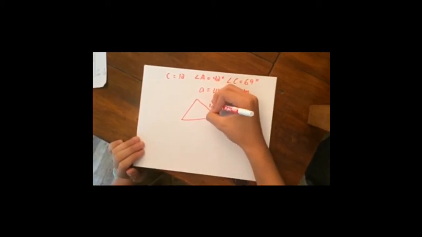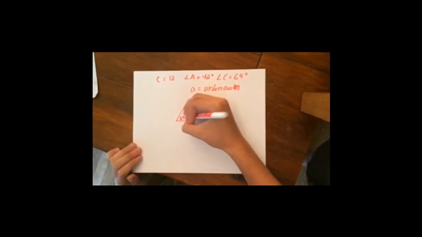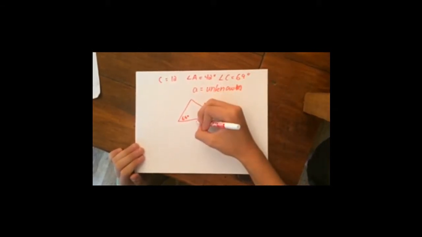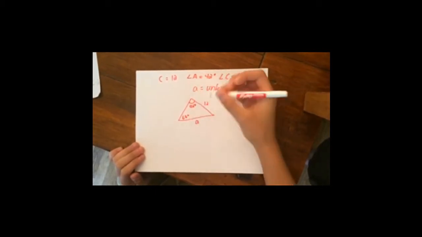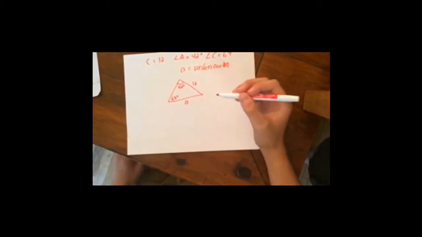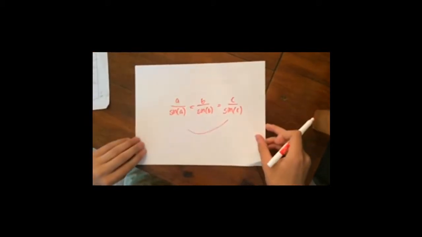So this is side C, so this has to be angle C, so this is 69 degrees. This can be A, so this can be 42 degrees. So now you have to utilize this information and plug it in to this formula seen before.